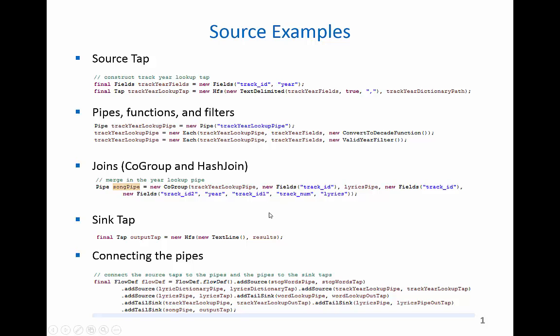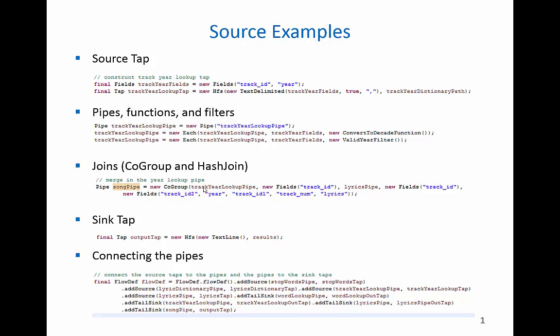In many cases, we will have to join one or more pipes into one single pipe. To do that, we can make use of the cogroup or the hash join operations. The only difference between these two operations is hash join operates in memory, so be careful when you're operating on large data sets. In this example, I'm using cogroup to join two pipes, track year lookup pipe and lyrics pipe, on the join field track ID from the lookup pipe here, and also the same field name in the lyrics pipe.